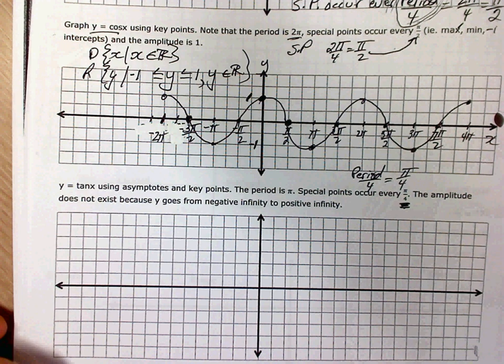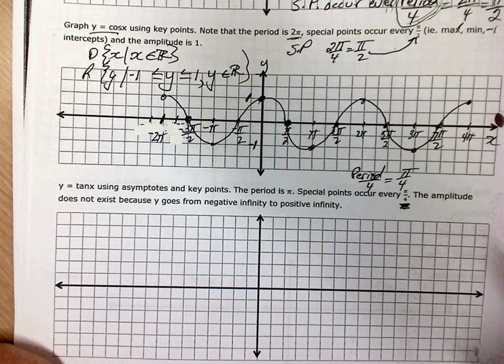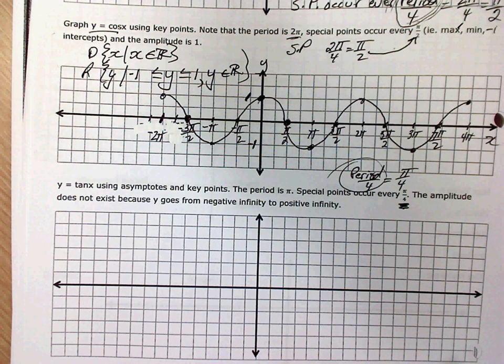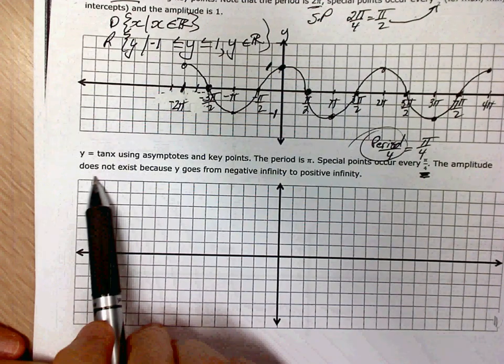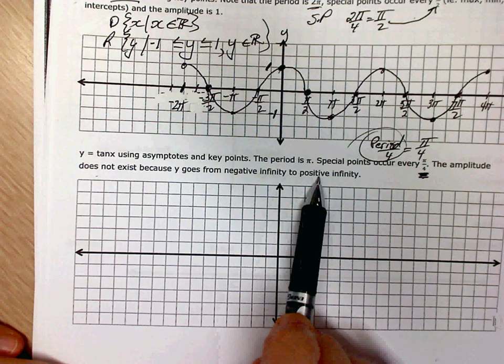Now that's bound to change when we do horizontal stretches and compressions. But for now, just note this special little formula, period divided by 4. The amplitude does not exist because y goes from negative infinity to positive infinity.